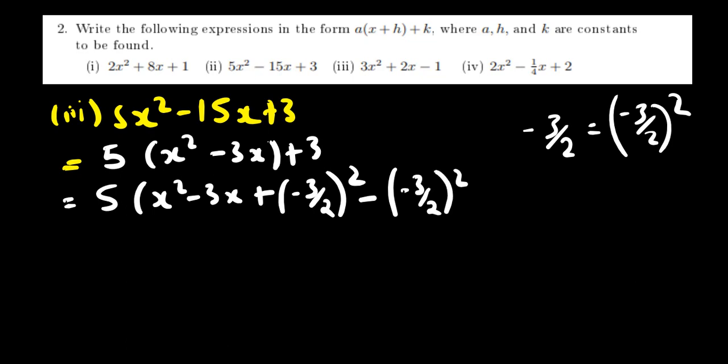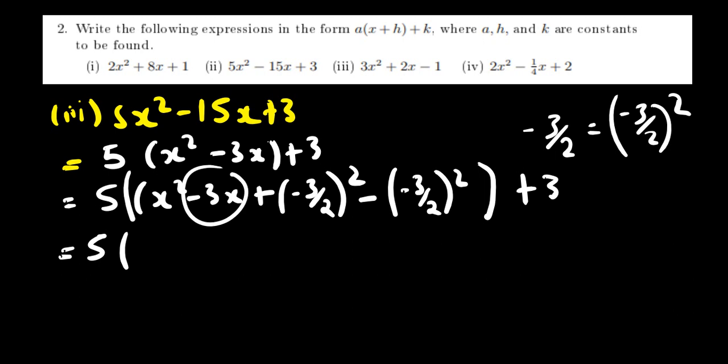That's the expression I've done. Then I'm going to put this in a bracket, and we'll go along with our 3. So our 5, and we ignore this part; the squares we put in one bracket.